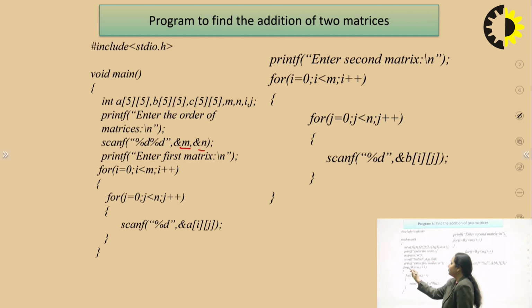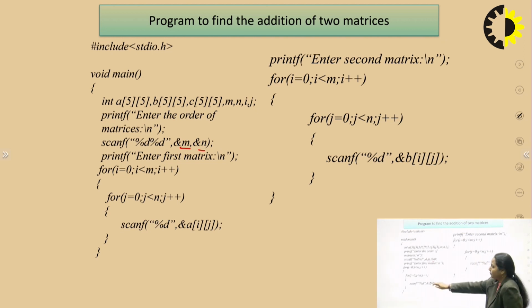Within this, the outer loop is for rows and the inner loop is for columns. As we know, by default, data is stored row wise. So whenever this loop runs, data will be stored accordingly. A[i][j], initially i is 0, and j goes from 0 to n. So 0,1; 0,2; 0,3; 0,4 and so on. So row 0 data is being stored.